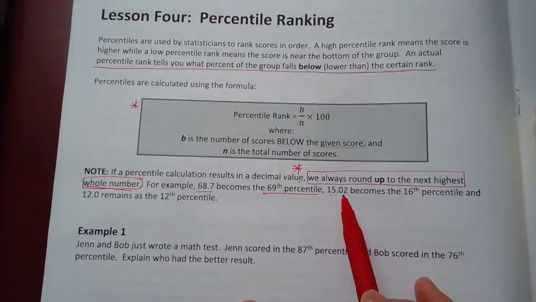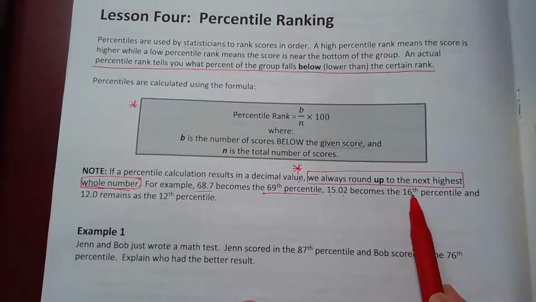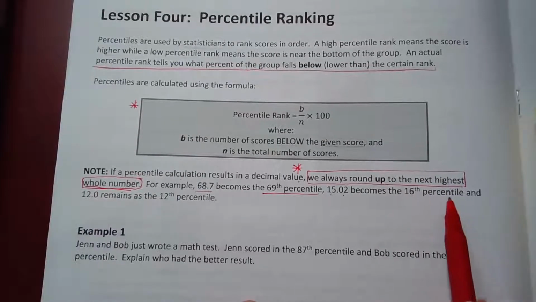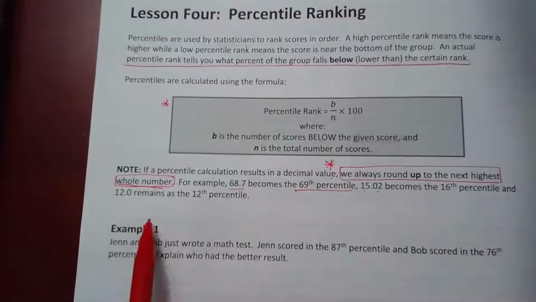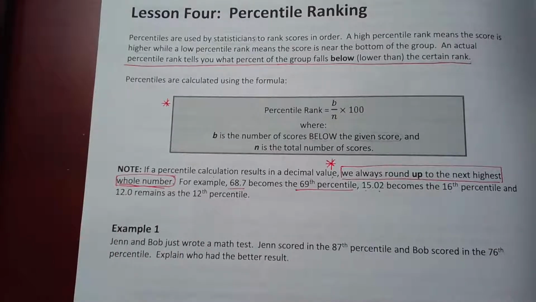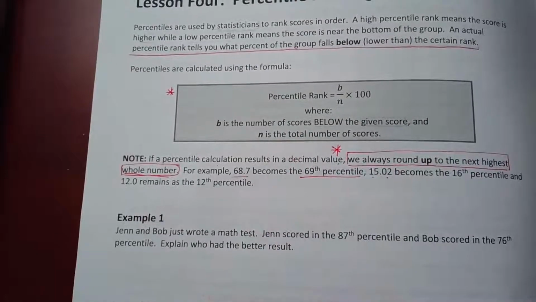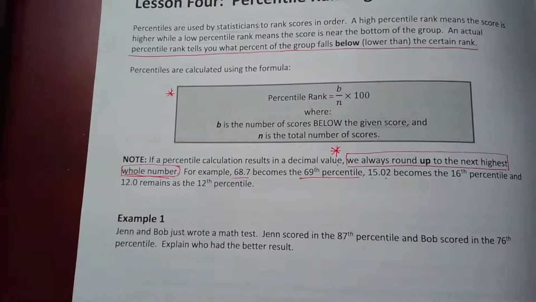So 15.02 will become 16, the 16th percentile. Now, if it's 12.0, then it will just remain as the 12th percentile. Those are important things, so we're going to put a star.